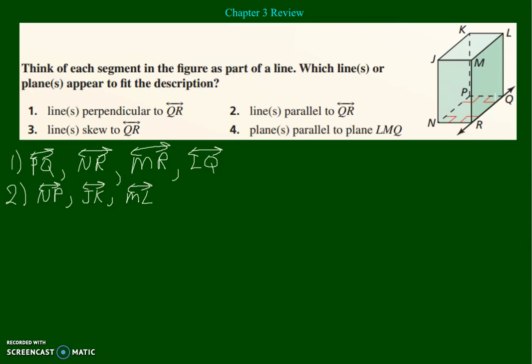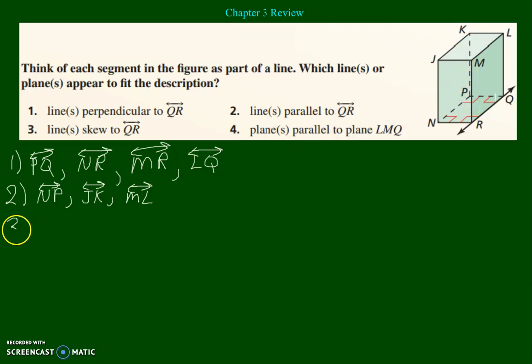Okay, so continuing on to problem 3. Lines skew to QR. Skew lines, as you recall, are lines that are not coplanar and do not intersect, but are not parallel. So if we have QR here, lines that do not intersect but are not parallel would be JN, this line here, and KP, those are two going in the same direction.